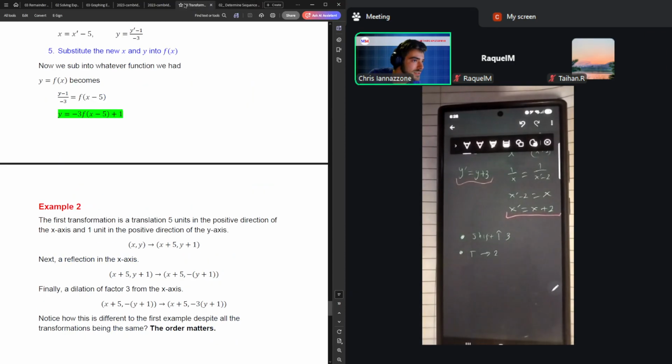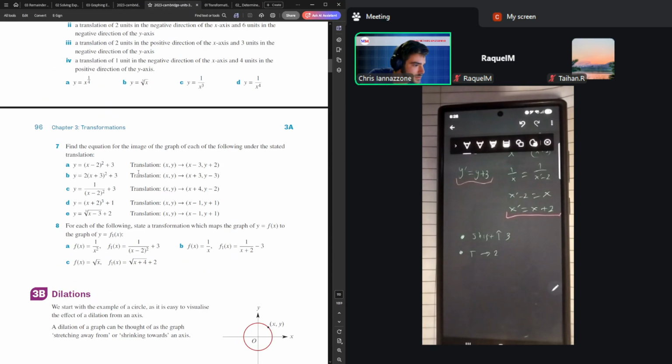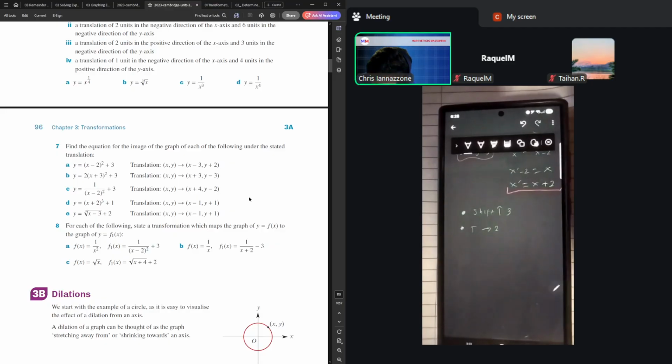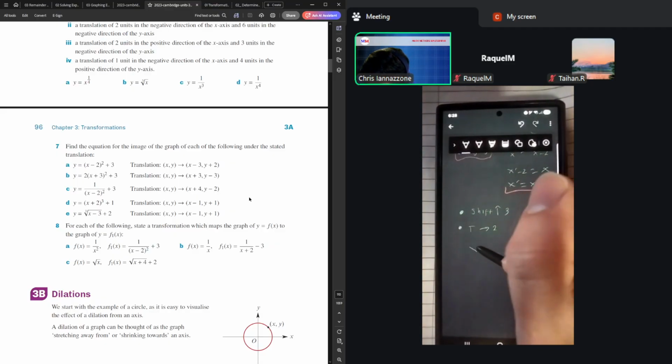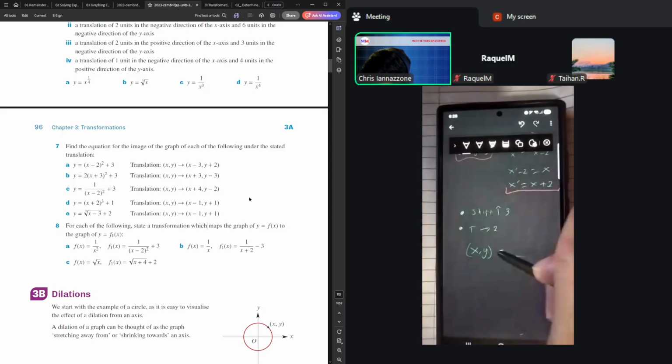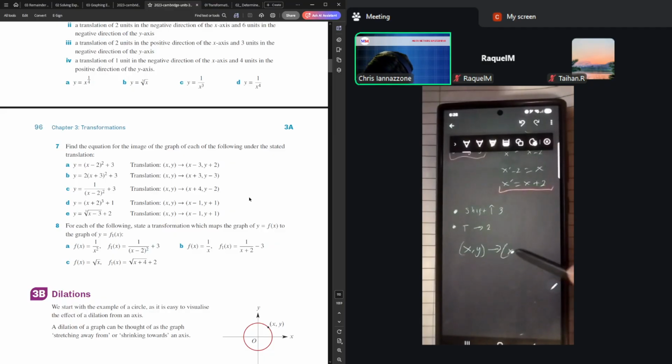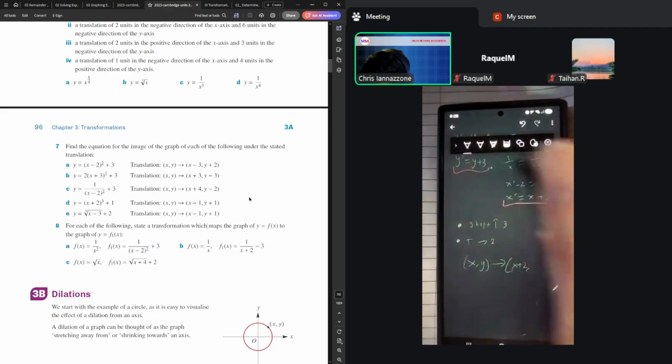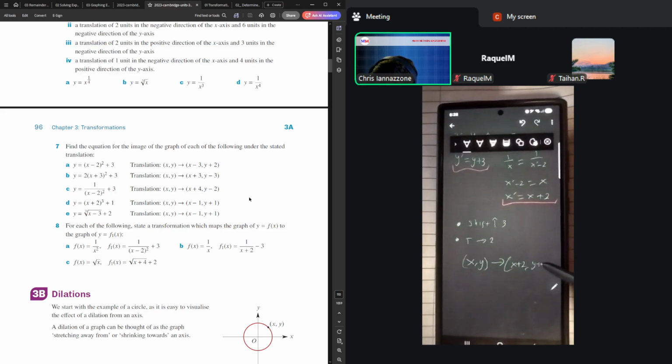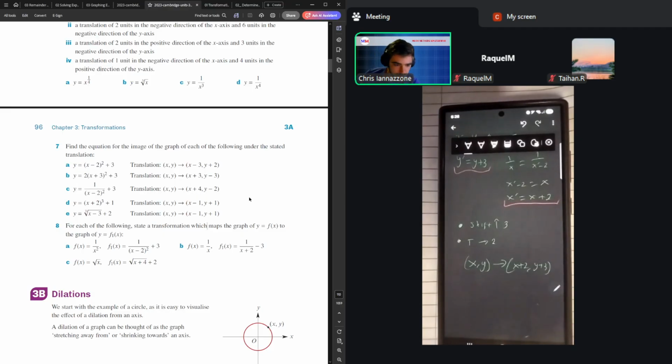So because they've said to say it in a single statement, and I'll show the wording on that on the screen share, state a transformation which maps it, not multiple, the only option you have left would be to use the xy notation. So you do xy maps to x dash, which we know is now x plus 2, and y dash, which we now know is y plus 3. That is the only way to do it in a single succinct statement, which is my reasoning for why we have to use that notation.